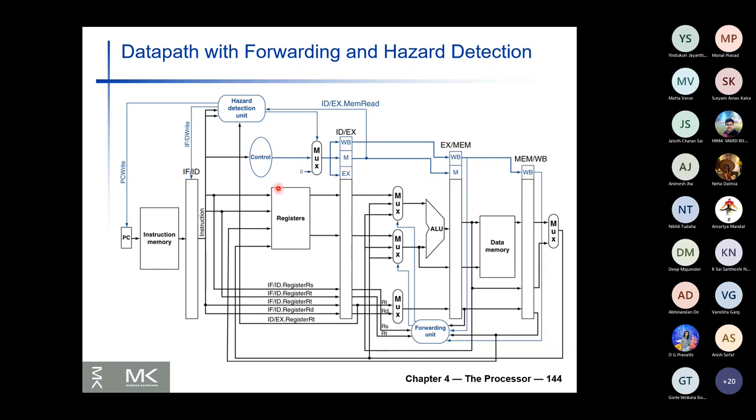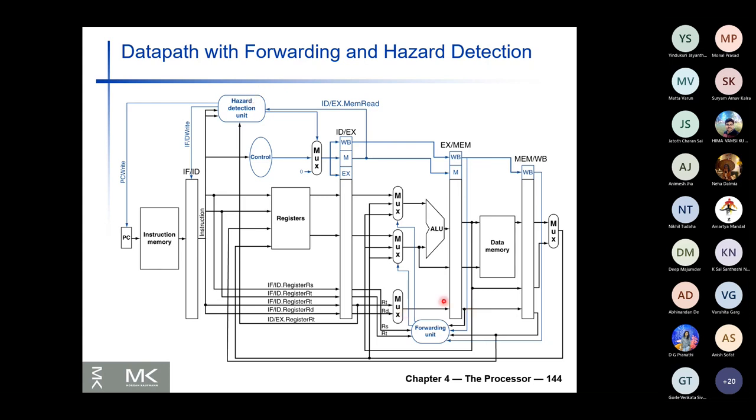You just let the previous instruction complete, which needs one clock cycle, and after that you refetch the subsequent instruction and proceed. So that is controlled by this hazard detection unit. How to freeze this.